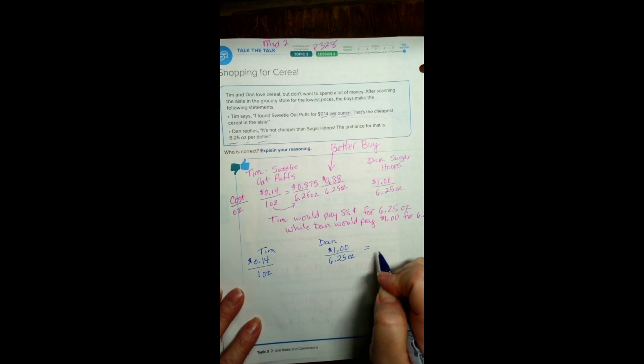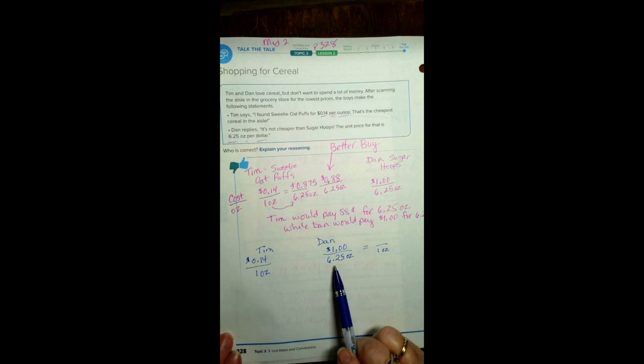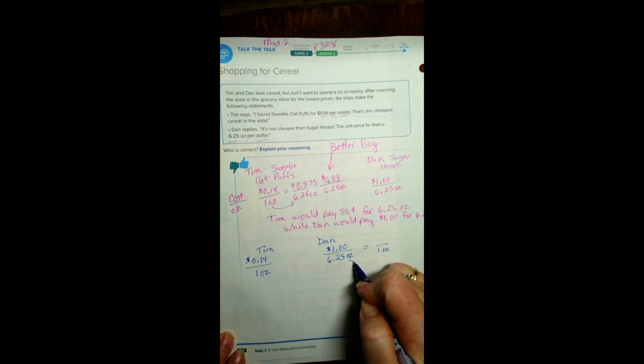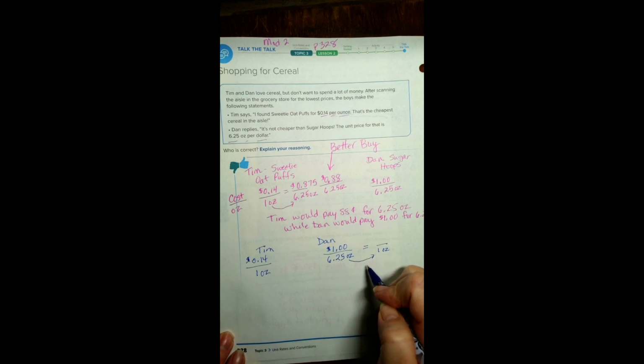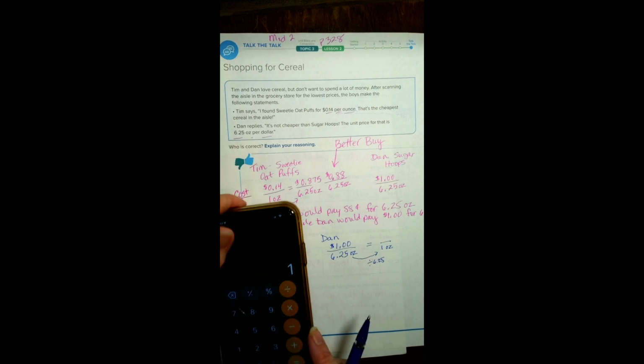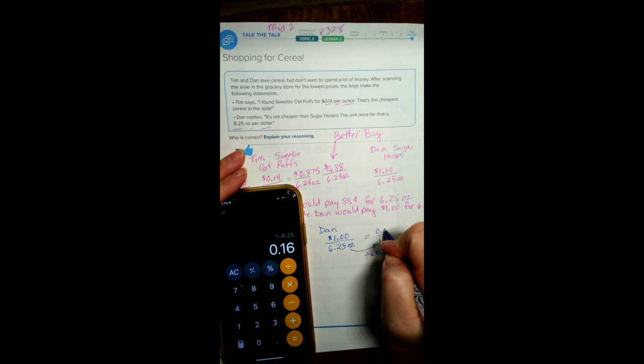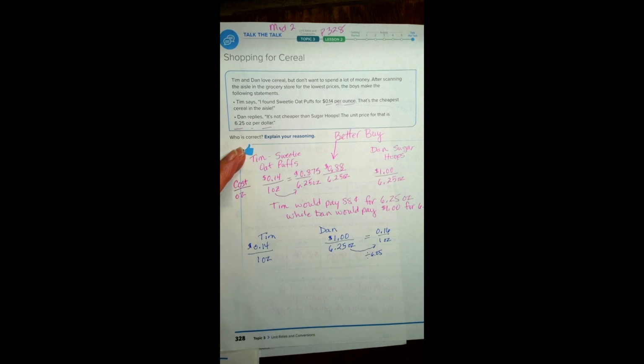Well, if I want to get that down to per 1 ounce, I'm just going to divide to get the unit right, so it's 1 divided by 6.25. If you think about it as scaling down, I am dividing by 6.25. So his is 16 cents per ounce.